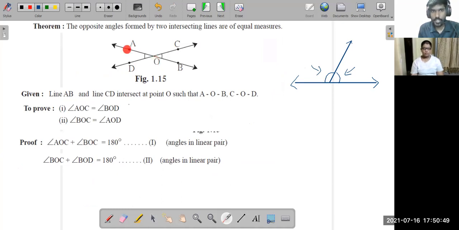Okay, what you said is also correct. AOD and DOB, that also is the same thing. So BOC and BOD, that is also an angle in a linear pair.